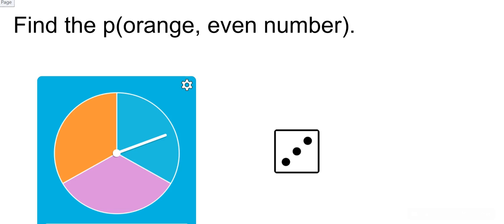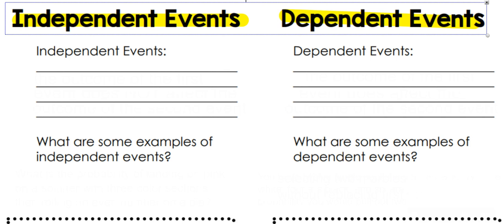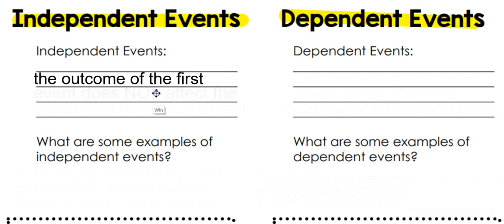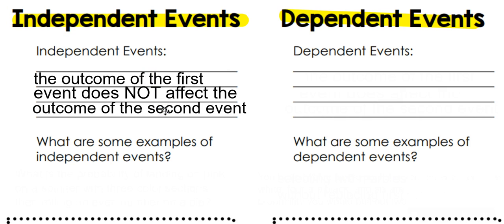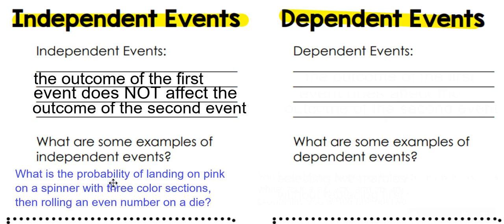So now we're going to go back to our notes. Again, the outcome of the first event does not affect the outcome of the second. An example of an independent event would be, what is the probability of landing on pink on a spinner with 3 color sections, then rolling an even number on a die? So pink, one of the sections was pink, although we were looking at orange.